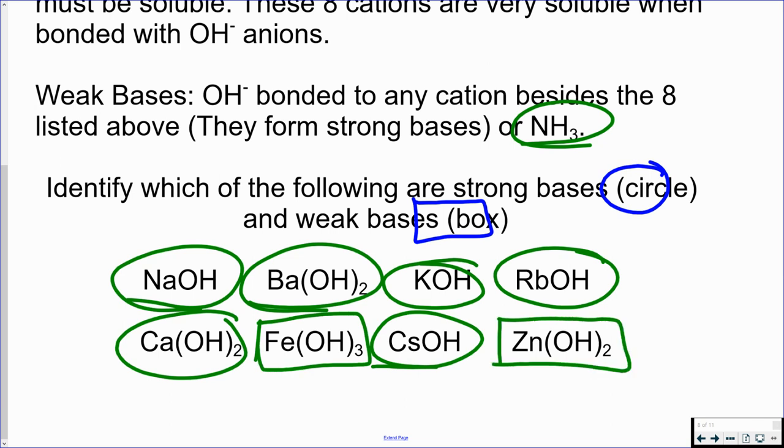The reasoning here is this is group 1, this is part of group 2, part of group 2. This is weak group 1, and group 1. These 2 are transition metals, so therefore they are weak.